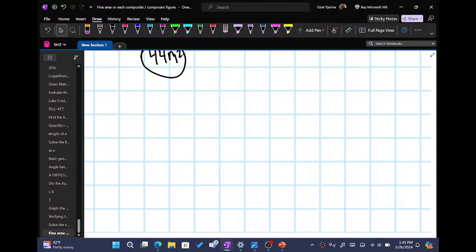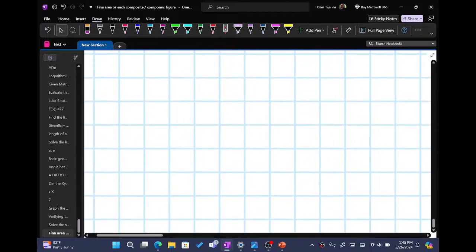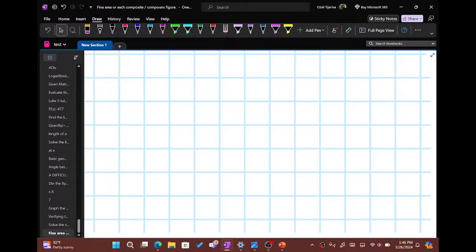The area of, so this one actually involves two rectangles really.